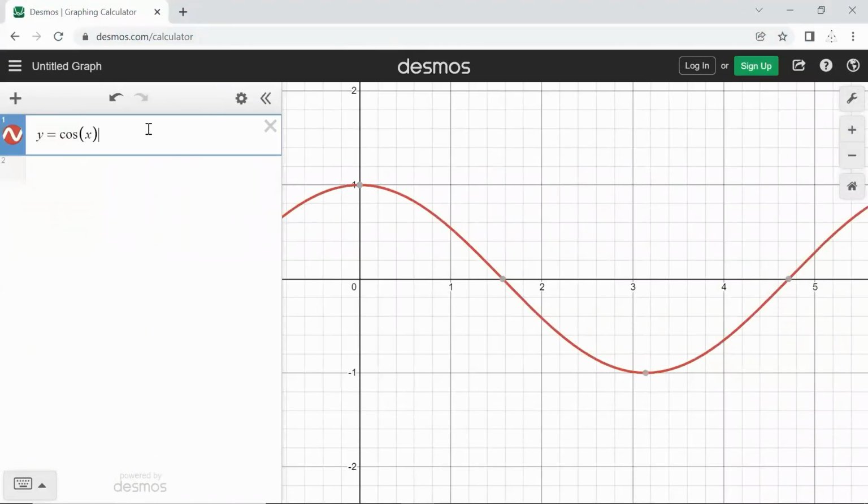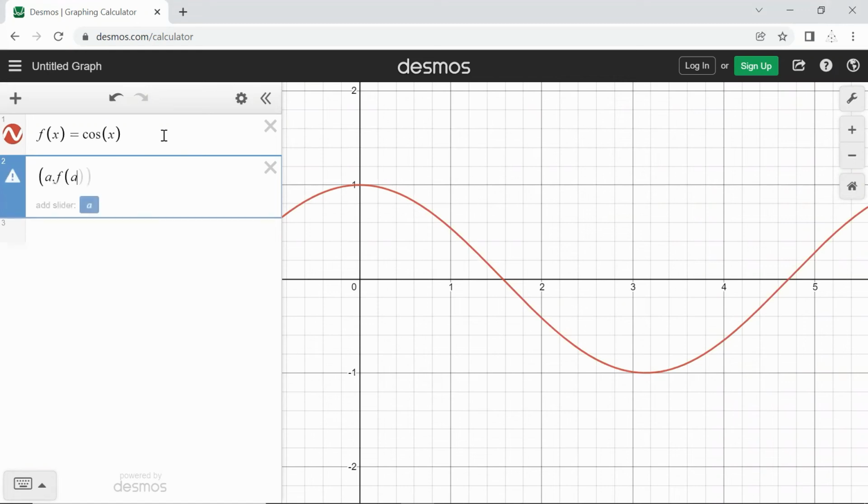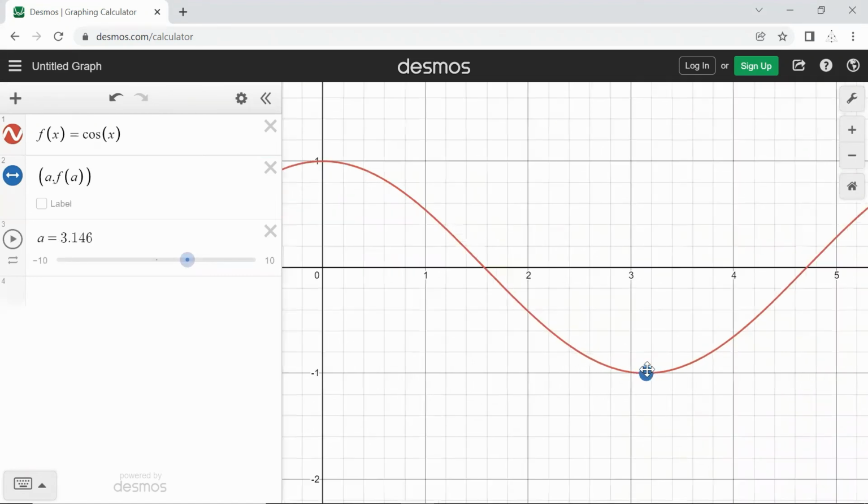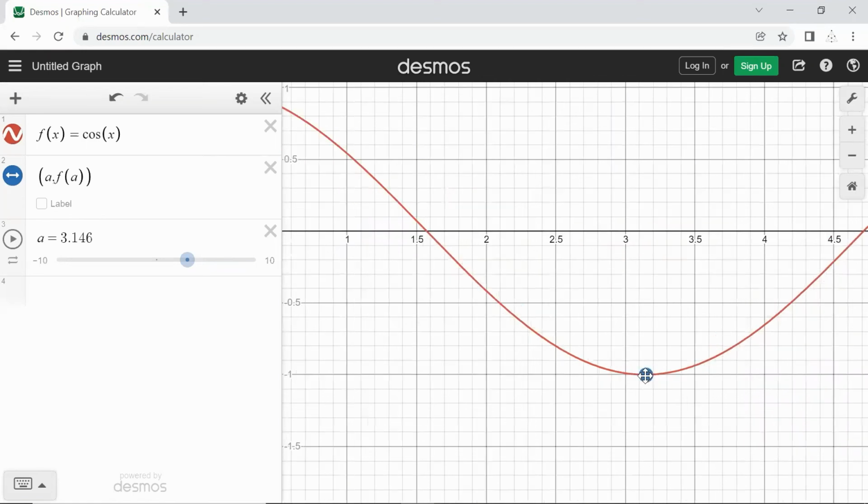So in my case, let's do cosine there. And let's take a point on the graph and move it around. As you can see at pi, you're right there. You have a tangent line, which is horizontal. If I graph this horizontal tangent line, y equals -1, you can see what's happening.